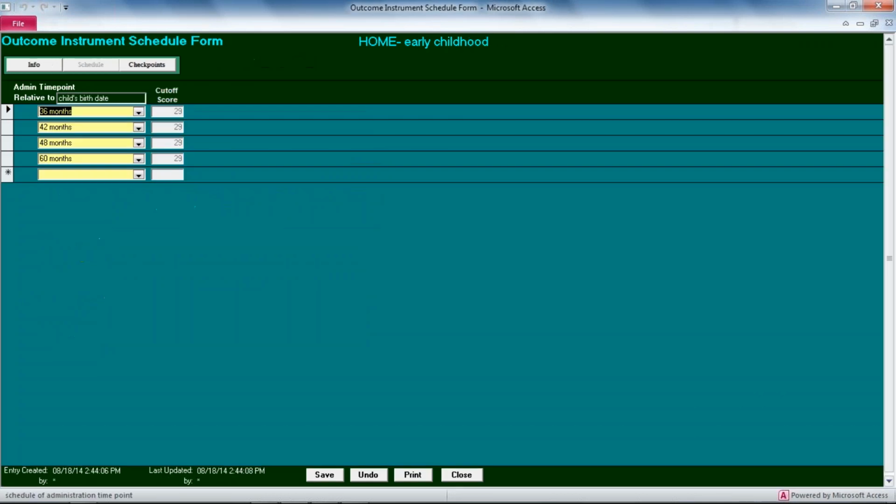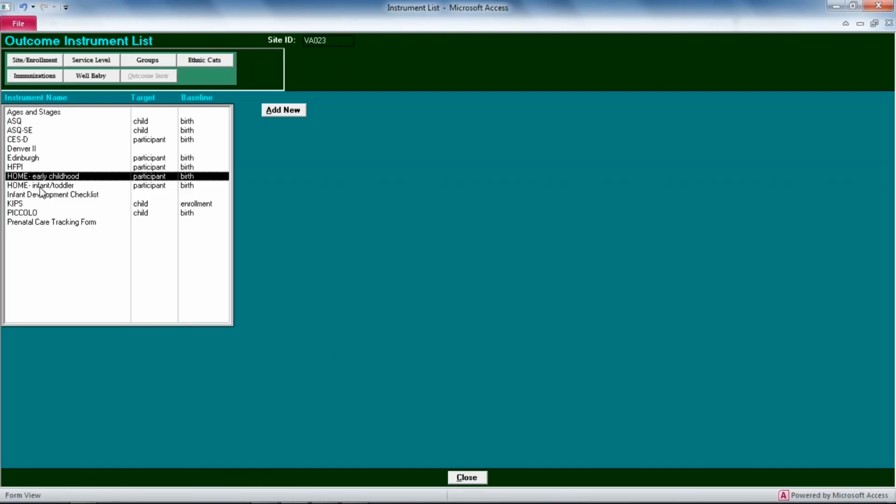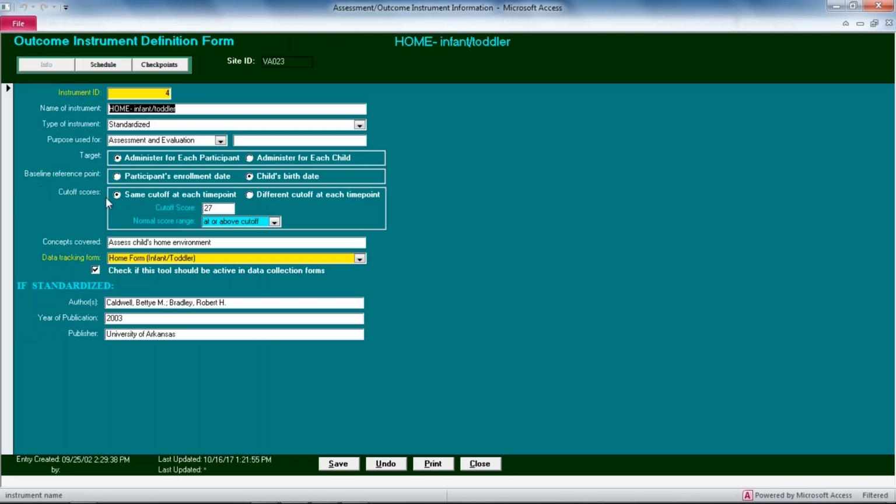When you look at the schedule, you'll see that because you checked same cutoff at each time point, those are auto-entered for you, and you don't need to enter anything here. Okay. For the infant toddler, same cutoff at each time point.